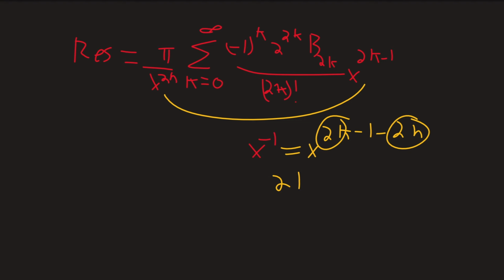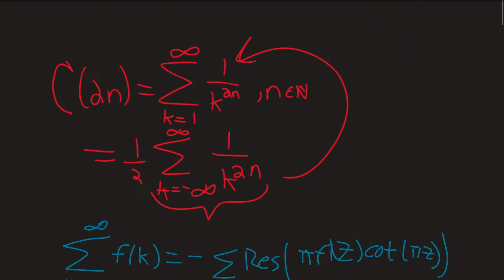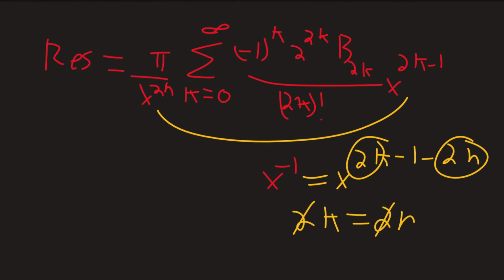So if 2k minus 2n is equal to 0, then n must be equal to k. Now, heuristically, this might seem a little suspect, but it does make sense because if we scroll up here, you'll notice that we said n was a natural number. So it does make sense for n to be k, any whole number from 0 to infinity.